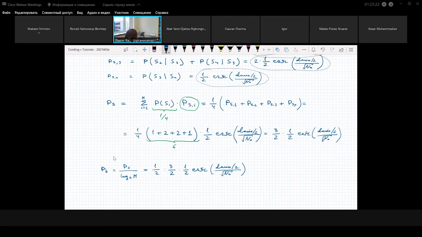And what it gives us is the following: 3/4 times 1/2 complementary error function of d_min by 2 divided by square root of N0. Now let's compare this result with what we had before.